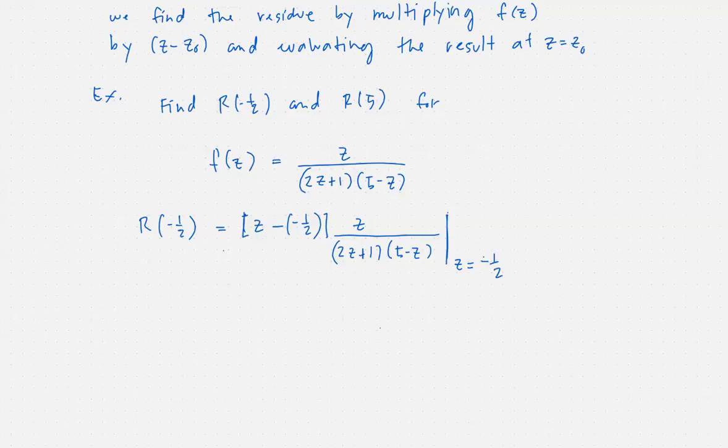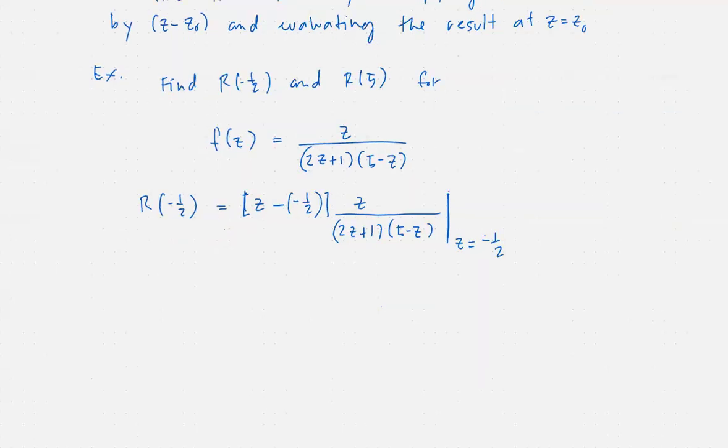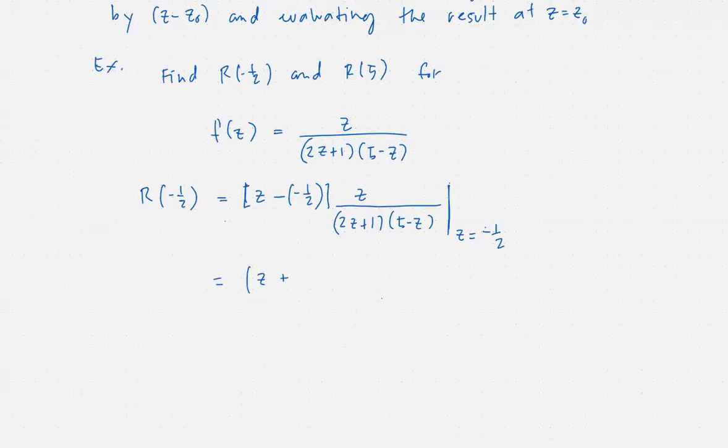Now, looking at the first expression, it's z plus 1/2, right? So essentially, this is very similar to solving the limit of a function, because in some cases it's going to give us an undefined term, and what we want is to cancel out that term so that we don't have any 0 at the denominator. Now, z plus 1/2 is very simple to cancel out because it's coming from the denominator 2z plus 1.